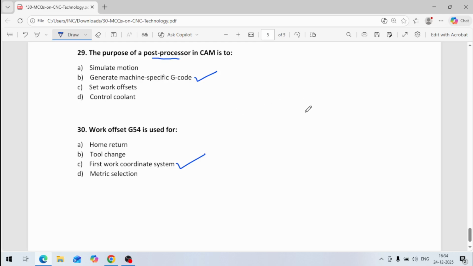G54, because if many works are there, the first coordinate system will be G54. It starts from G54 and ends at G59: 54, 55, 56, 57, 58, and last is 59. So there are 6 types of offsets.